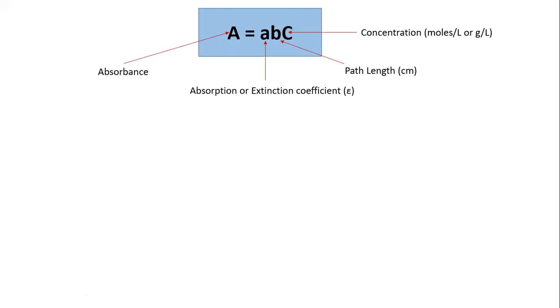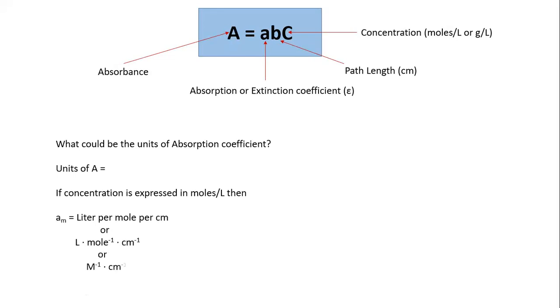So when we arrive at this relation, there is another interesting facet that we explored: depending upon the units of concentration and path length, and as we now know that there is no unit for absorption, we can arrive at a relation which describes the absorption coefficient more efficiently. When the concentration is expressed in moles per liter, the units for the absorption coefficient become liter per mole per centimeter.